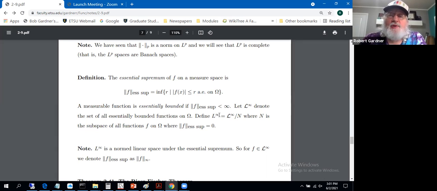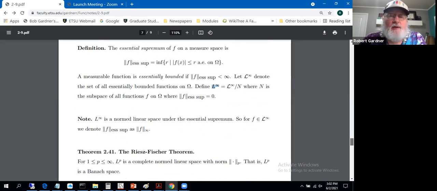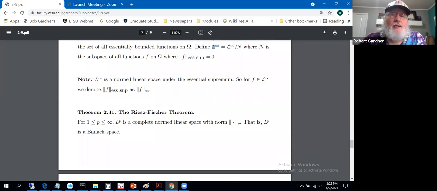And that introduces yet another space, L infinity. And guess what? L infinity is a normed linear space under the essential supremum. There's a limit relationship between the LP norms and the L infinity norm, it turns out. So we've got normed linear spaces, and in fact, those are complete as well.